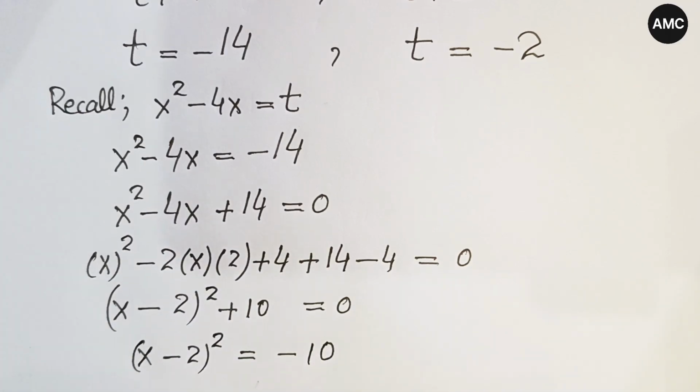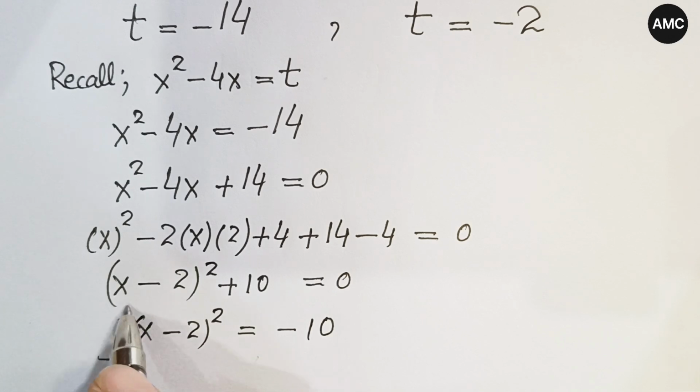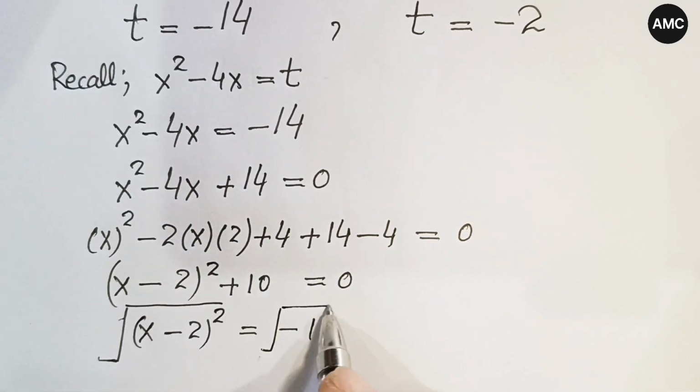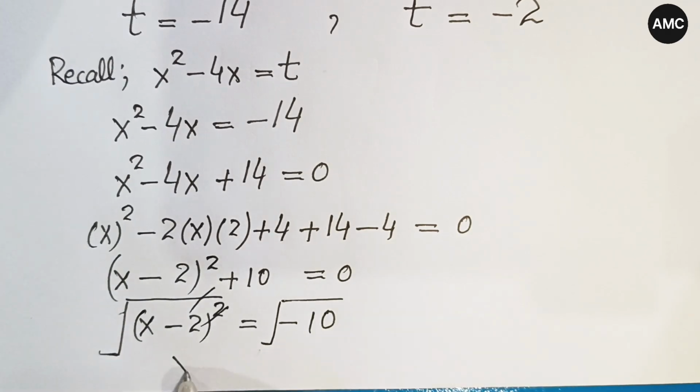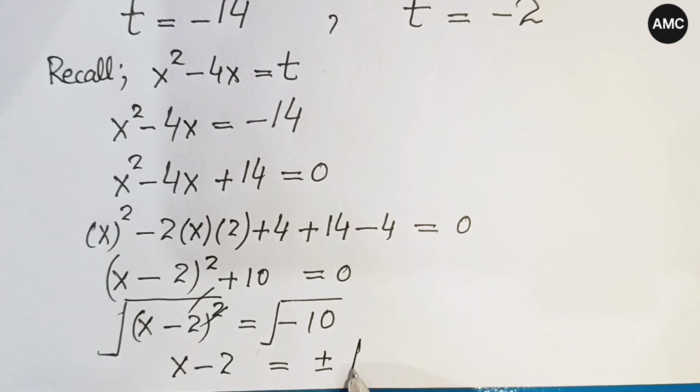Now taking square root on both hand side, so it will be cancelled. We get x minus 2 is equal to plus minus square root of 10, which can be written as minus 1 times square root of 10.